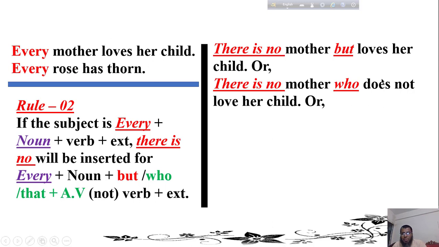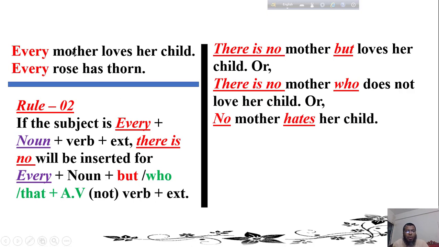So we must use "does not", and then the base form of the verb, and the rest of the sentence is fine. This sentence can also be changed in another way, and that is, we can also use "no" in place of "every", and not every sentence can use "no".